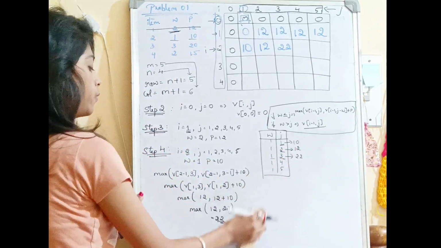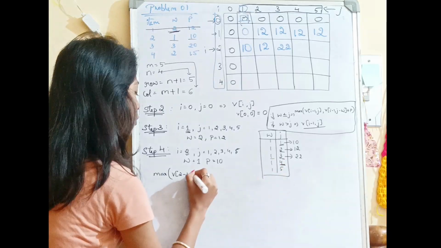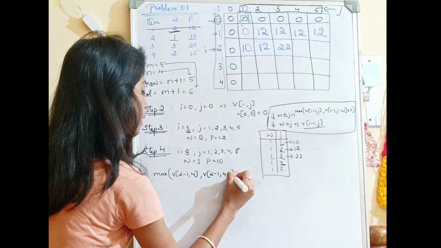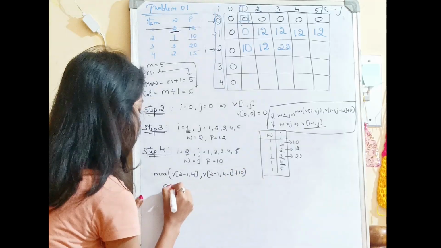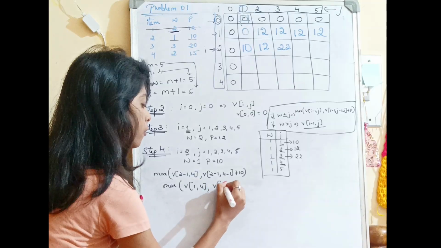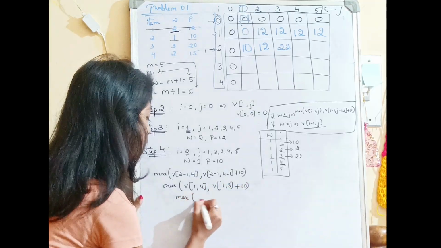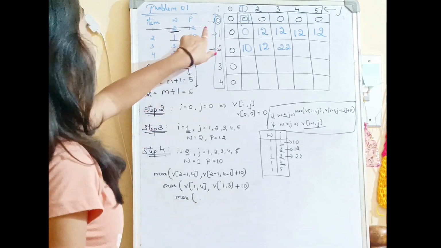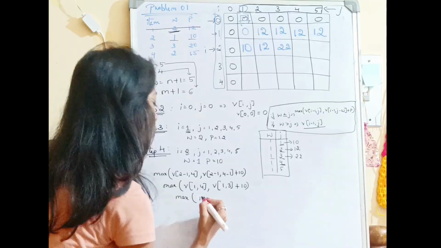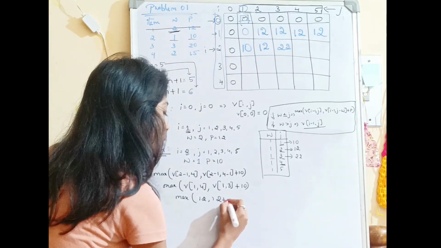Next, 1 4. 2 minus 1 comma, now j is 4, comma v of 2 minus 1 comma 4 minus 1 plus 10. Maximum of v of 1 comma 4, comma v of 1 comma 3 plus 10. 1 comma 4 is 12, 1 comma 3 is also 12 plus 10.